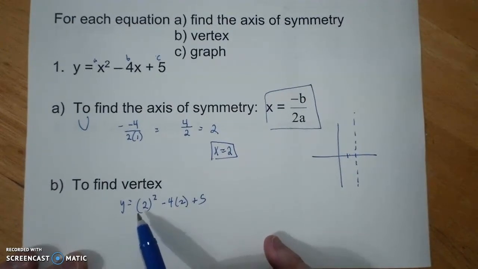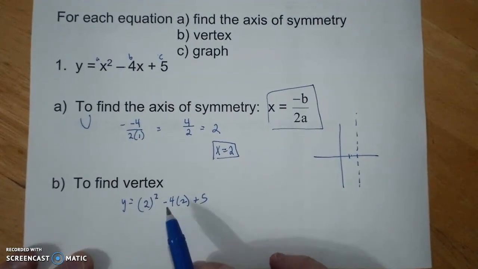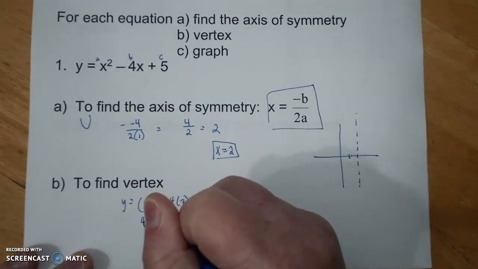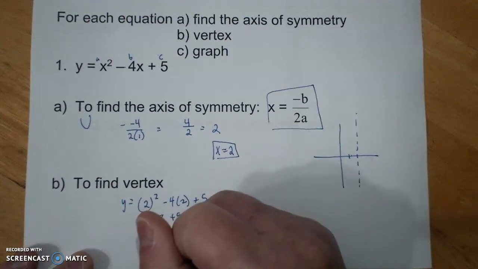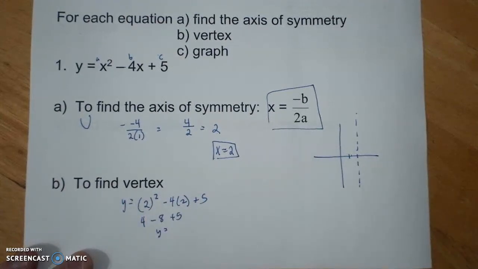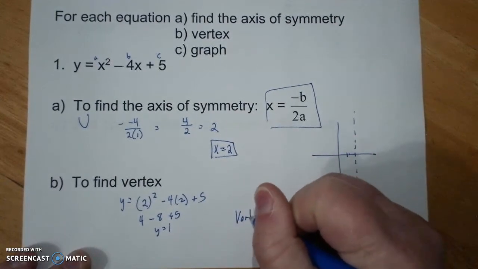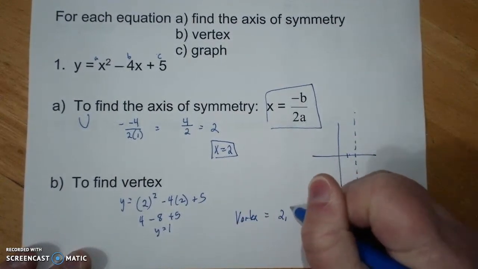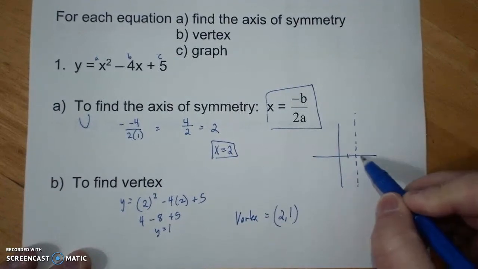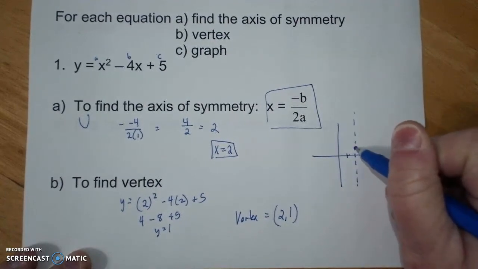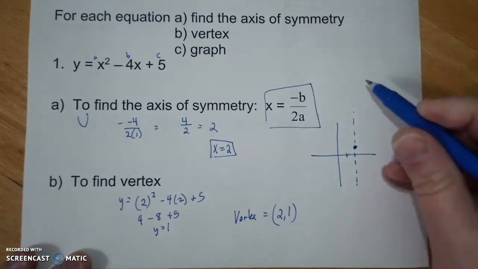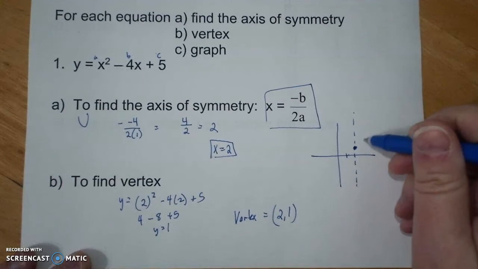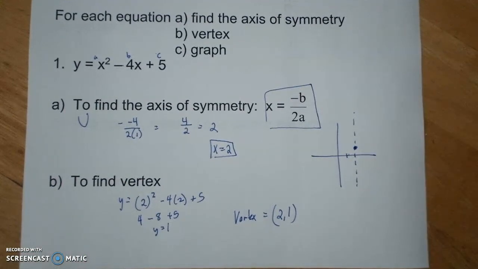That habit will save me on some answers. 4 minus 8 plus 5. Y equals 1. So my vertex is actually at (2, 1). Okay. And I know that it would look like a U.